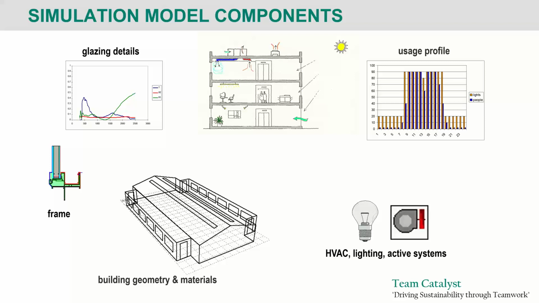You have your building geometry, you have the materials that make up the model of the building, you define glazing systems and framing systems. You look at the internal loads in the space. So where does the heat come in from: solar radiation through the transparent envelope, heat generated within the space by people or equipment or lights, by ventilation and air exchange and infiltration.